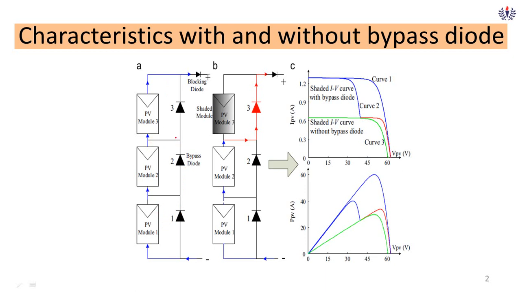That is the thumb rule that we have discussed. During that time, when there is a reverse voltage, of course your bypass diode will get forward biased. So that particular PV module receiving difference in irradiation condition will get bypassed. This is the rule that we have seen in the earlier classes.